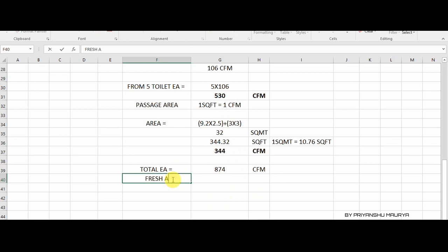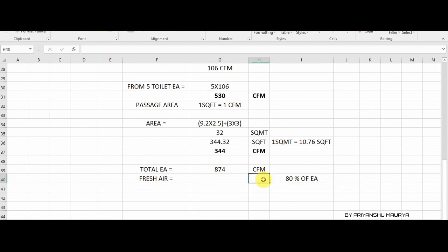Fresh air, because we require fresh air. If we don't provide fresh air, then this area will go under negative pressure. So when we are removing some air, we must provide some fresh air. So you know how much fresh air we consider? 80% of exhaust air.